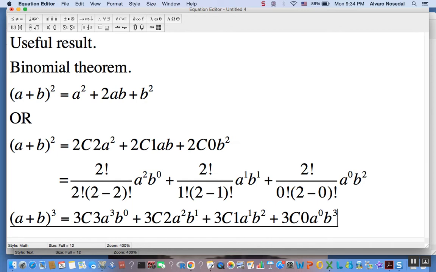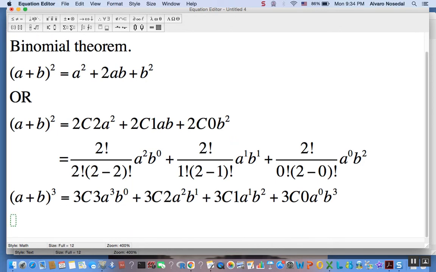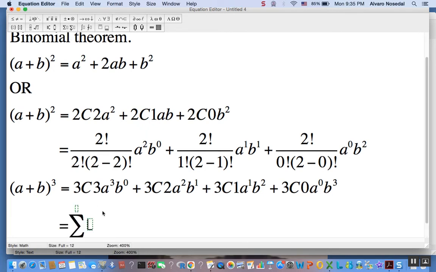And what we know is that we could also use that sigma notation.